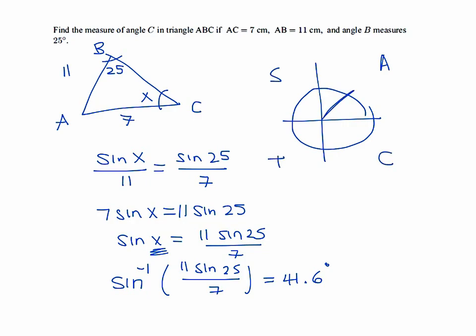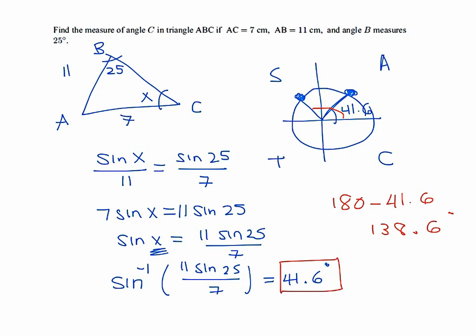We're given this angle of 41.6. Sine of 41.6 is the y value over here, which has the same y value in the second quadrant. So we also need to find this angle. To do that, we subtract 180 degrees minus 41.6, which returns the value of 138.6. So there are two answers to this question.